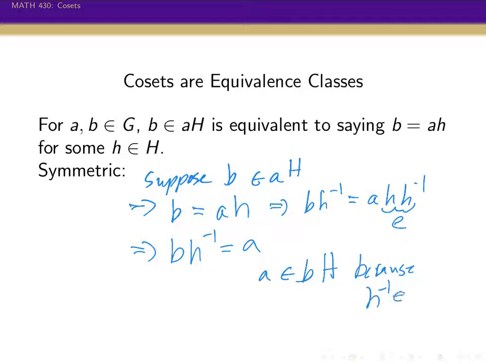So if B is inside AH, then A is inside BH. That proves symmetry. Because our A and B are arbitrary, this is proving the symmetry between them.